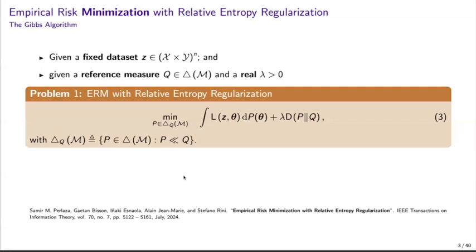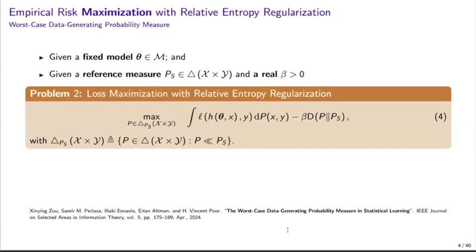This problem has been deeply studied in the reference I am providing here. Problem 2. In this case, we require fixing a model theta, and a reference measure PS on the data points, and a positive real beta. In this case, we are maximizing the loss for a fixed model when data points XY are sampled from the probability distribution P. The regularization in this case is negative beta times the relative entropy of P with respect to PS.